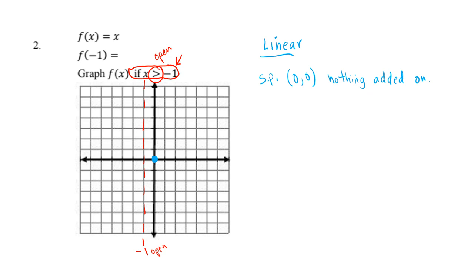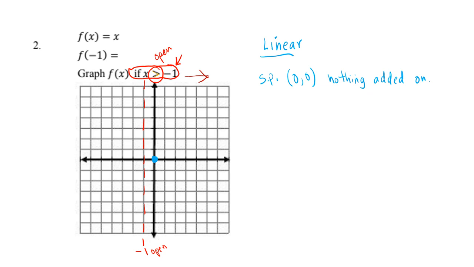If it's greater than -1, are we graphing on this right side or are we graphing on the left side? Hopefully, again, you can just know that greater than -1 is going to the right, or you can always think of that greater than sign as an arrow pointing you kind of in the direction that you need to go there. Sorry, I'm trying to change colors there. Right, a greater than sign is pointing you to graph to the right.